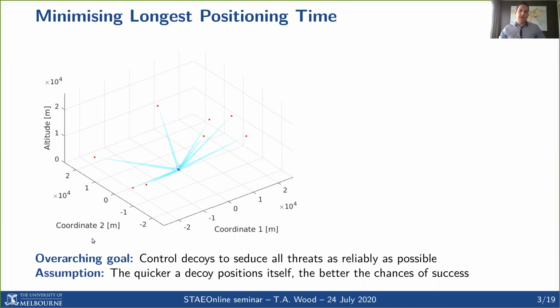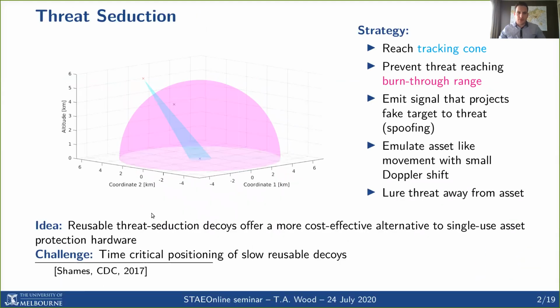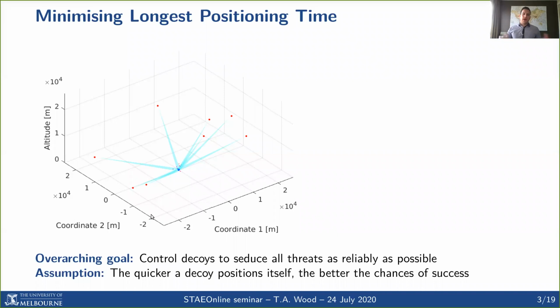The assumption we're going to make here is that the quicker we can get into a position where we can start the seduction process, the more likely we are to have success. So our goal, in terms of navigating these decoys to start off with, is to control the decoys such that the longest time required to start the seduction process of all the decoys is minimized.